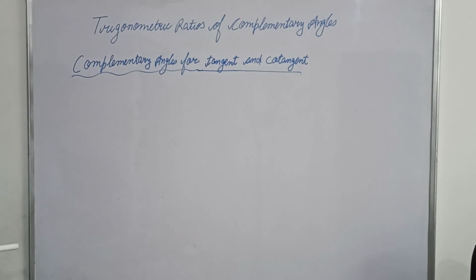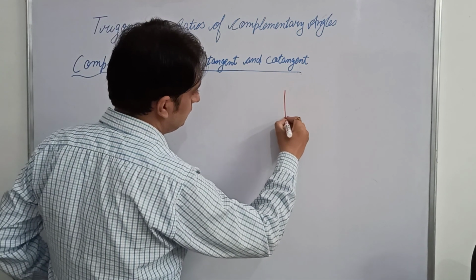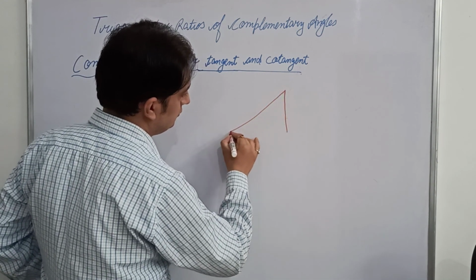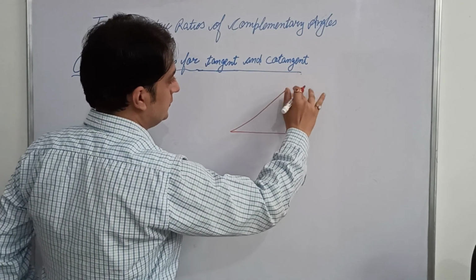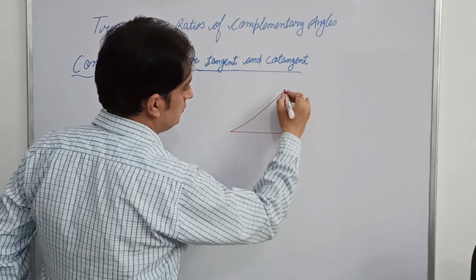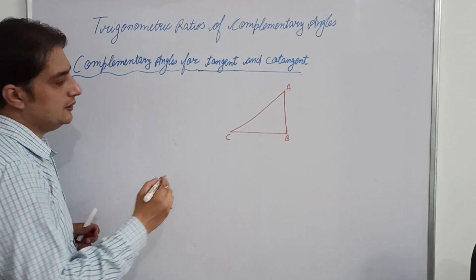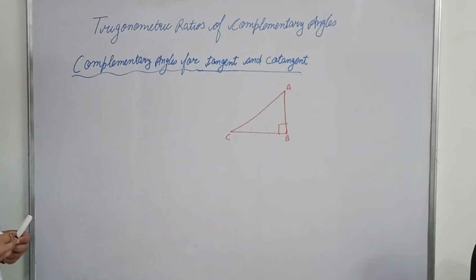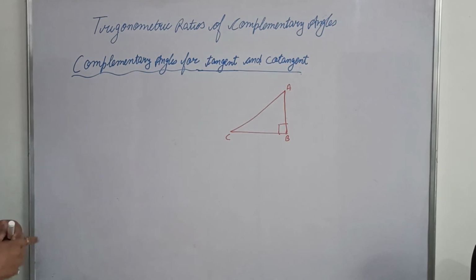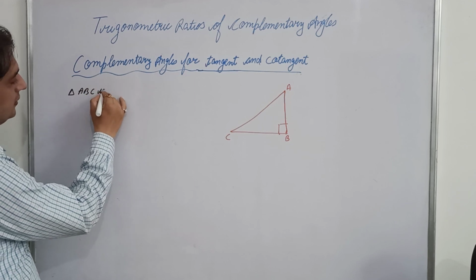Tangent and cotangent. Again, consider a right triangle ABC, which has a right angle at B. Triangle ABC is a right triangle.